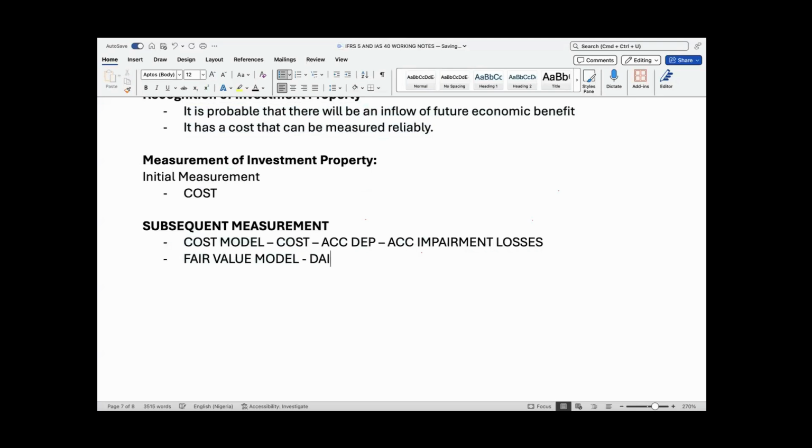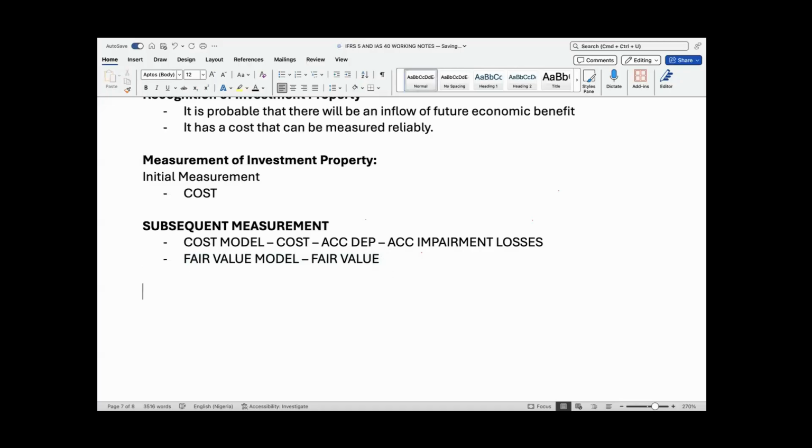While this one is just fair value. Please, this is important, right? Fair value model, meaning that you don't depreciate. It's just fair value. You do not depreciate.